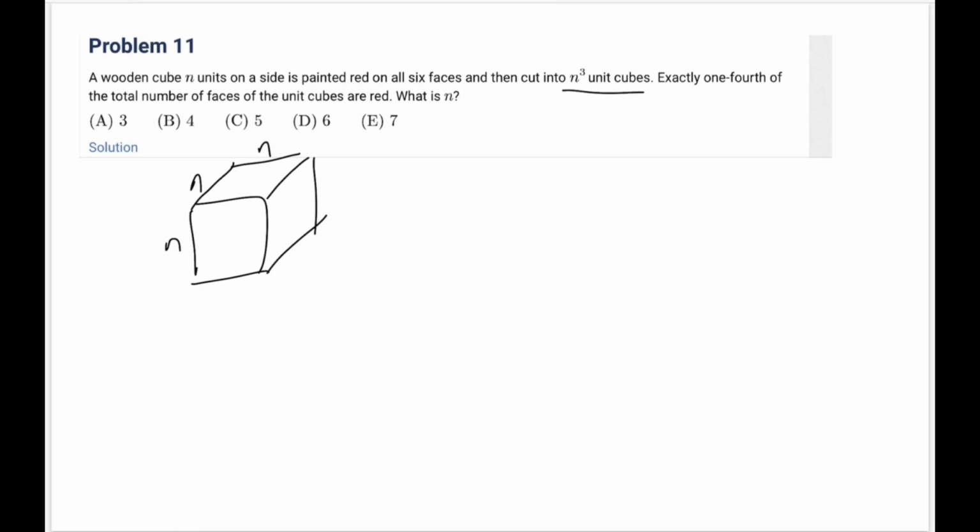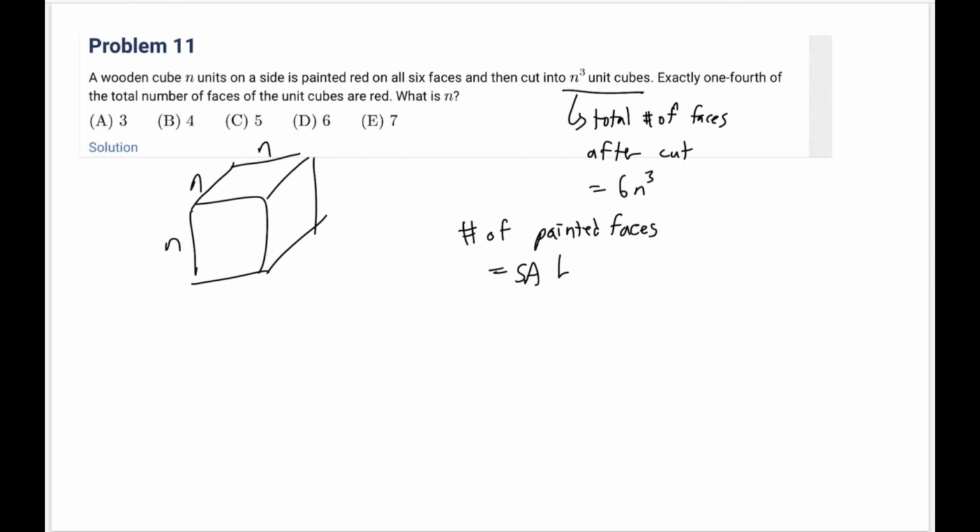Okay, so n cubed unit cubes, this means that the total number of faces after the cutting equals 6n cubed, right? And then the number of painted faces equals the surface area before the cutting.